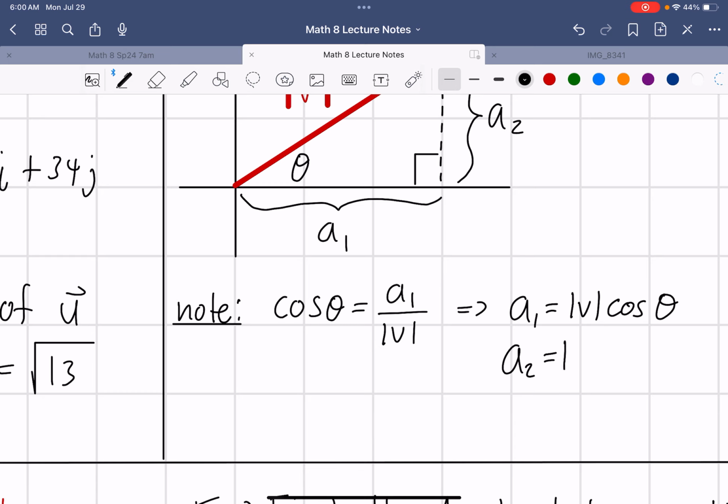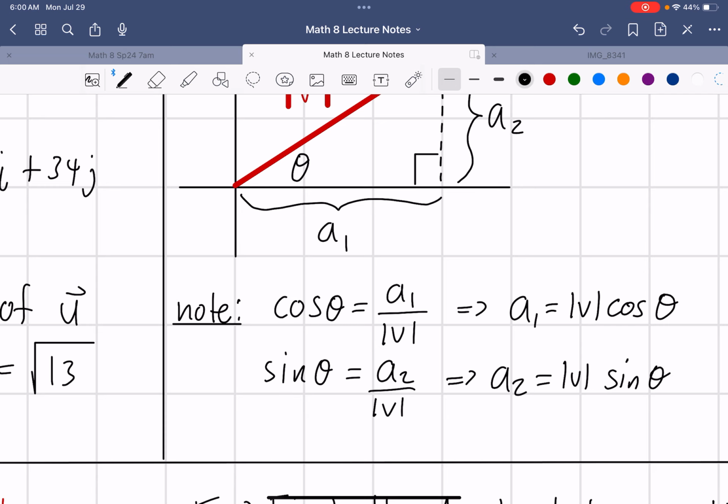I can do sine theta, which is opposite over hypotenuse, where the hypotenuse is the length of that vector. And remember, the length of the vector is found by the magnitude. So I can find these same components using our right triangle trigonometry.